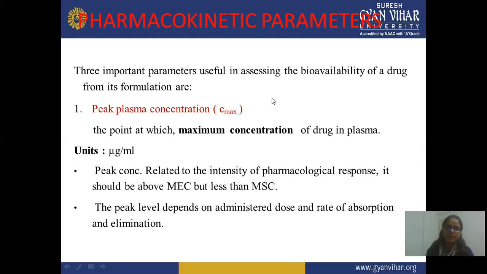Next, the peak level depends on the administered dose and the rates of absorption and elimination. Peak formation depends on different factors: which drug and how much dose you administered, such as 500 mg or 600 mg, which route you use, and the rates of absorption and elimination after administration.